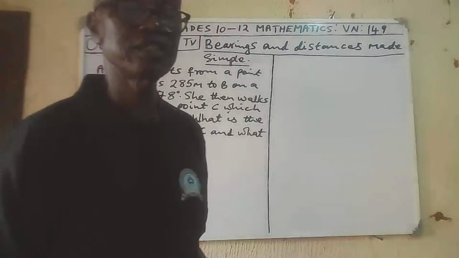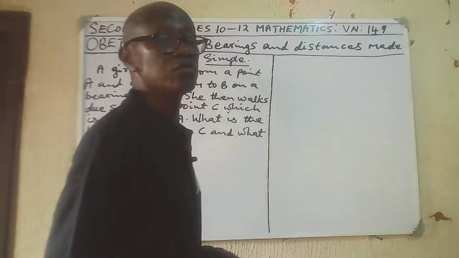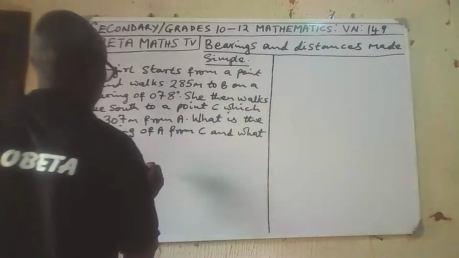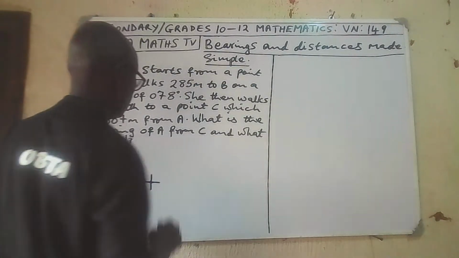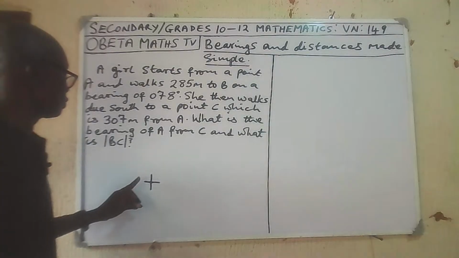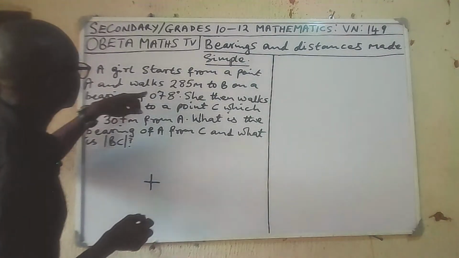As usual, the first thing to do is to draw, and then we start. So we locate. This is our east, west, north, and south. Now we are starting from here.